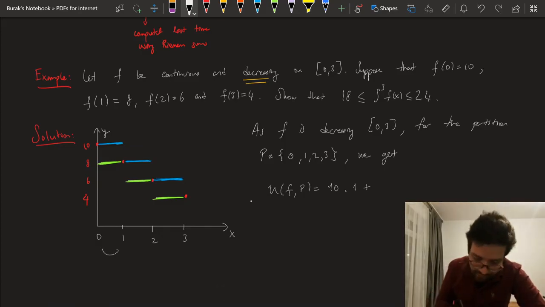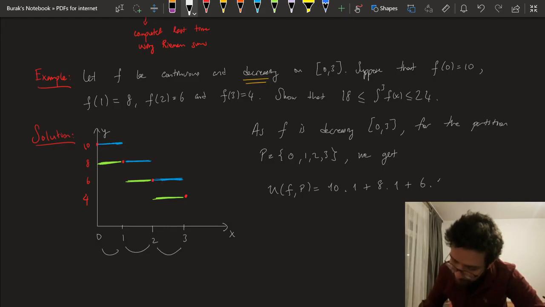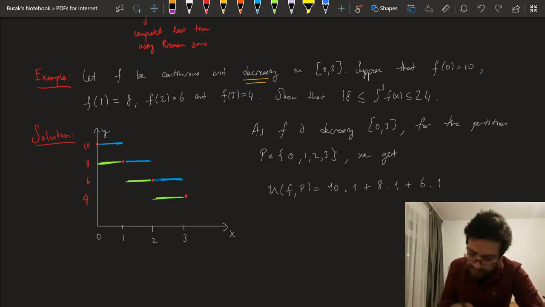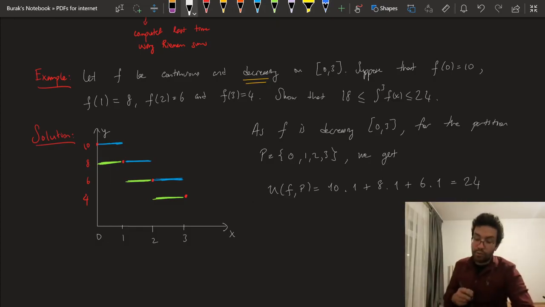I take the largest value of my function over this interval, which is 8, and multiply it with the length of this interval, and I do the exact same thing for the last one. I take the largest possible value of my function, which is 6, and multiply it with the width of this interval. So this is going to be my upper Riemann sum, which is going to be 24.